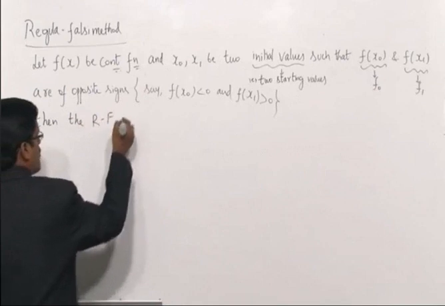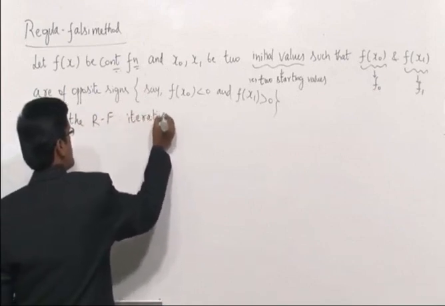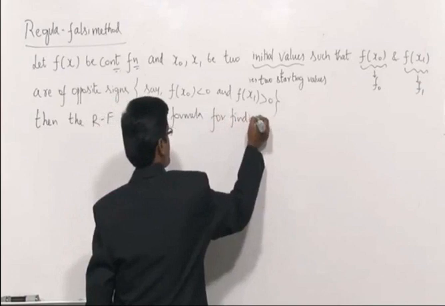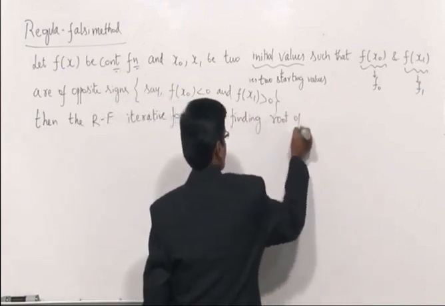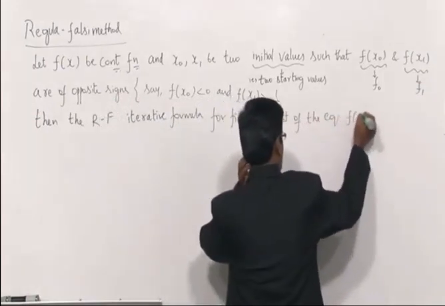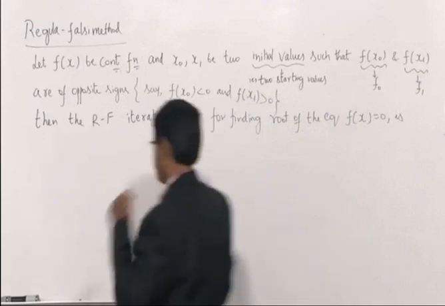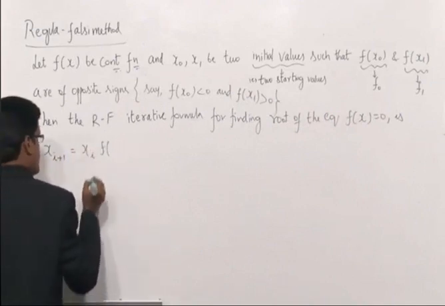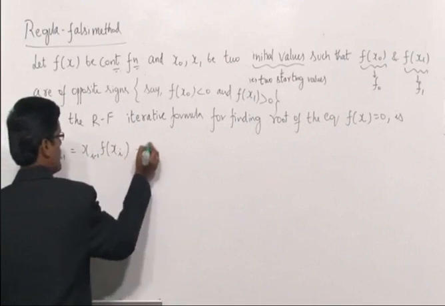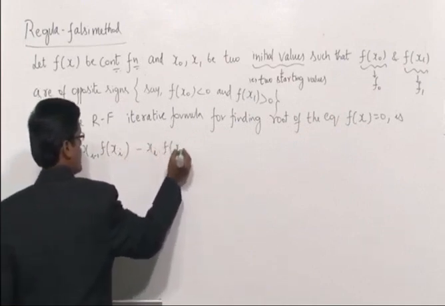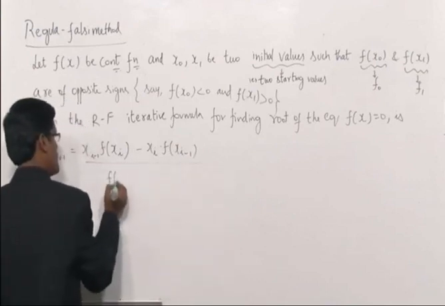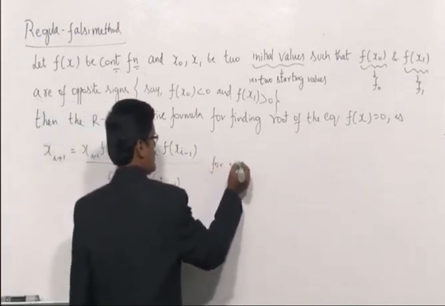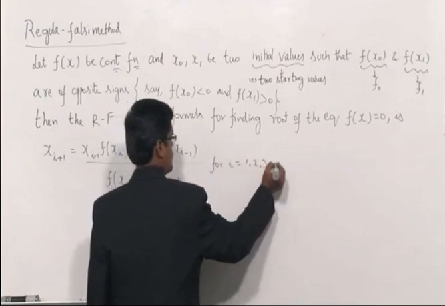The regular falsi, RF means regular falsi, iterative formula for finding root of the equation f(x) = 0 is x_{i+1} = (x_{i-1} f(x_i) - x_i f(x_{i-1})) / (f(x_i) - f(x_{i-1})) for i = 1, 2, 3, and so on.